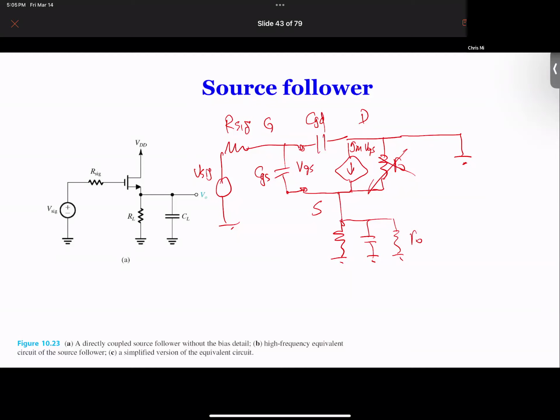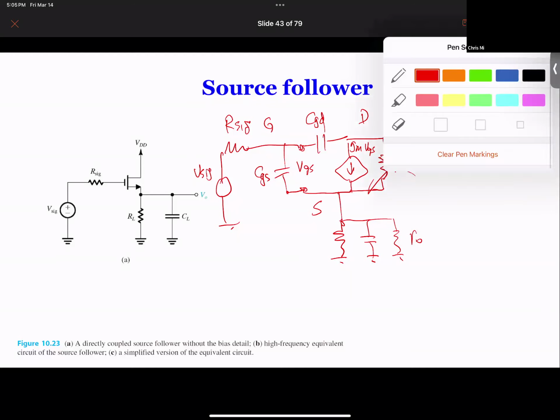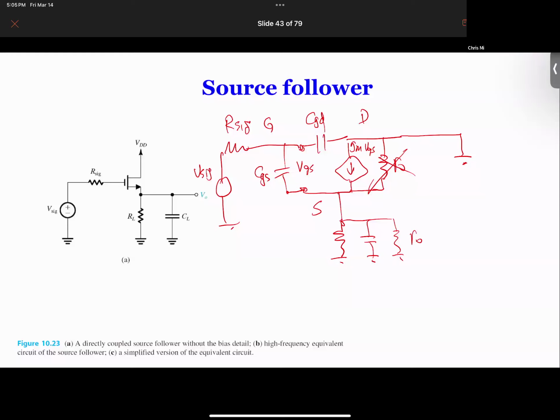So now we're going to do RL prime instead, and then we're going to remove this thing over here because this is removed, right? So now we're going to have this RL prime and CL.